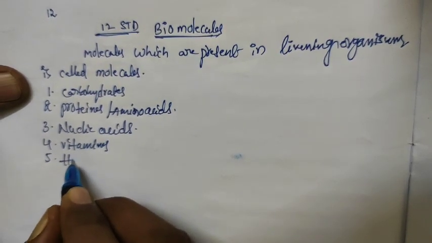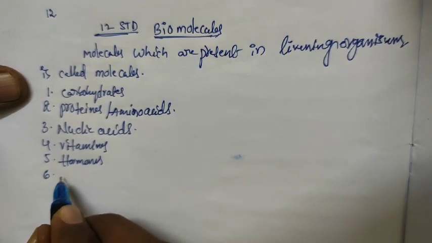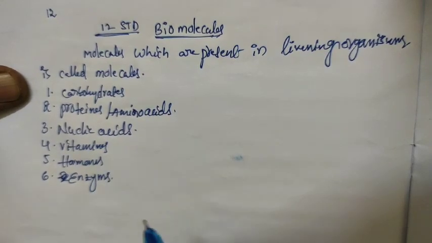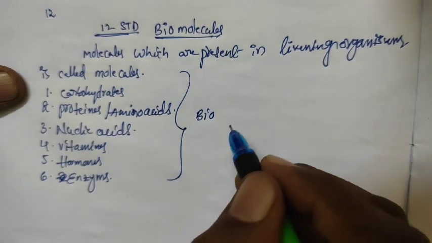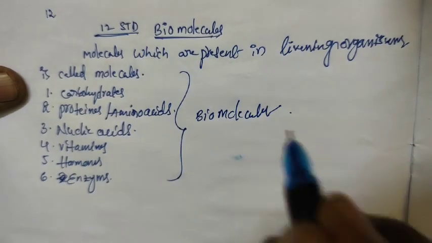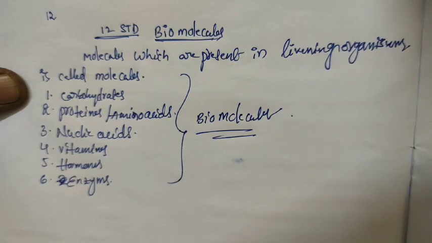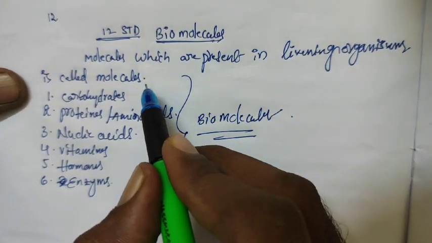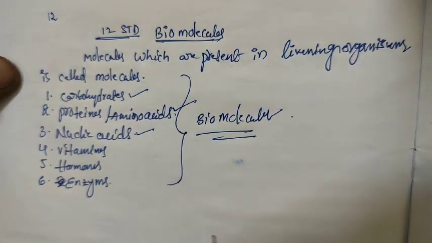Fifth one, hormones. Sixth one, enzymes. So these are the biomolecules which are present in living organisms. Here we should learn about carbohydrates, proteins, amino acids, and nucleic acids one by one.